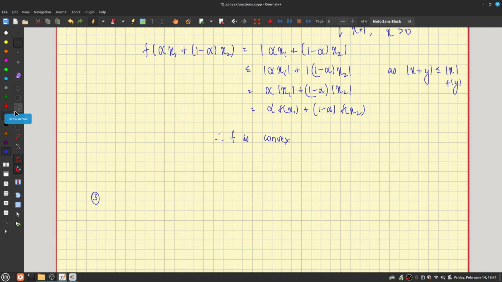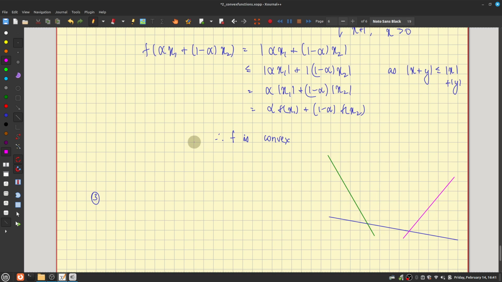Okay, I'll leave the actual proof as an exercise for now, but let's take 3 straight lines. This is line 1. I take another line, let's say line 2, and another, let's say line 3.